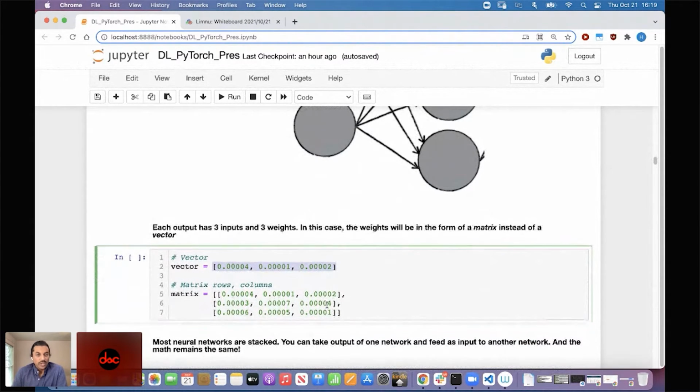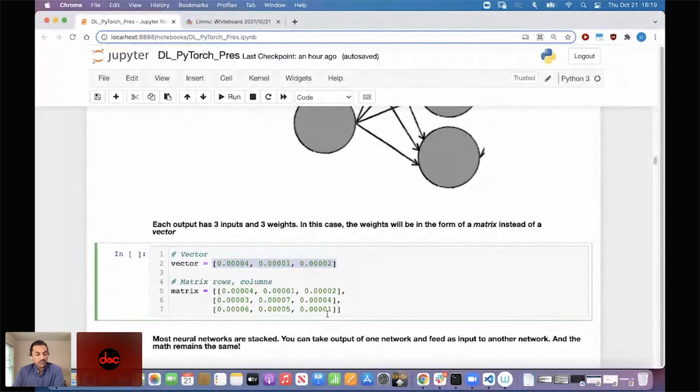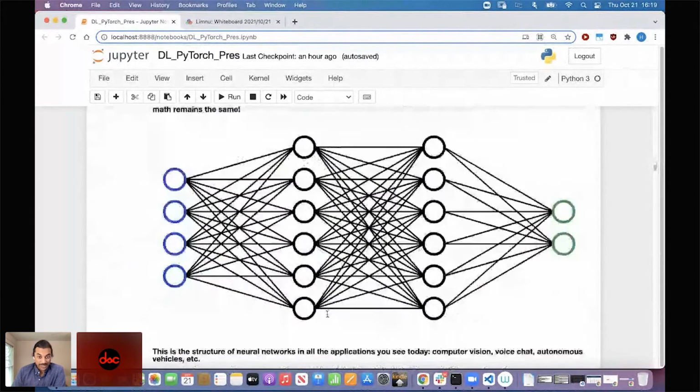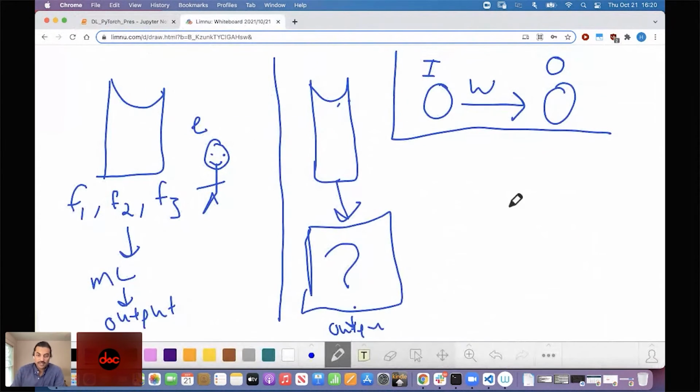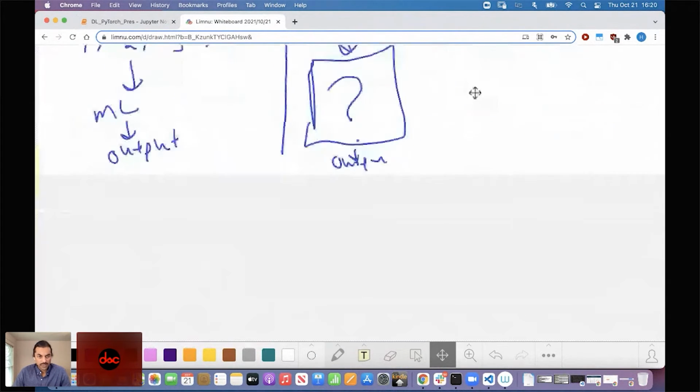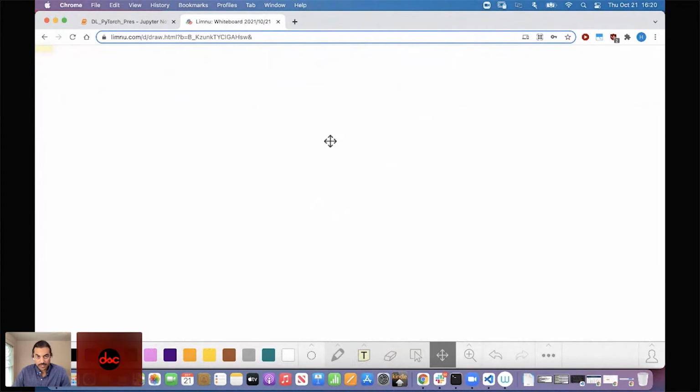Okay, so probably the most common neural network image you've seen is something like this, right? You have all this stuff and all these lines coming back and forth. If you understood the math from upstairs, you now understand this. The only thing that's changing here is the addition of these layers. These are called hidden layers. Let's take another slice here.